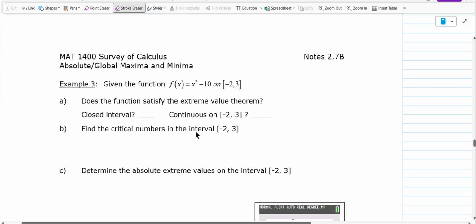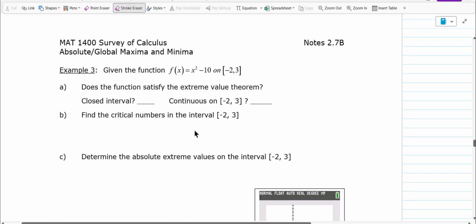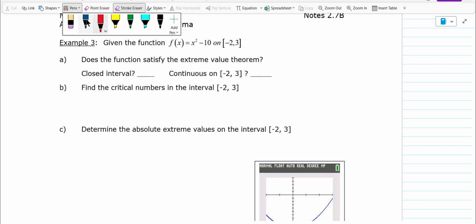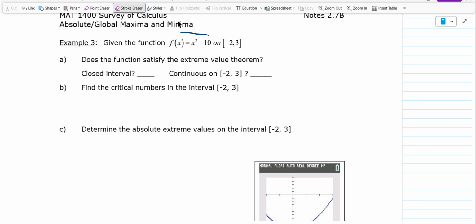Let's start pretty simple with this one. I'm giving you the function x squared minus 10, and I'm giving you the interval, negative 2 to 3. Question number one, did I give you a closed interval? Yeah.